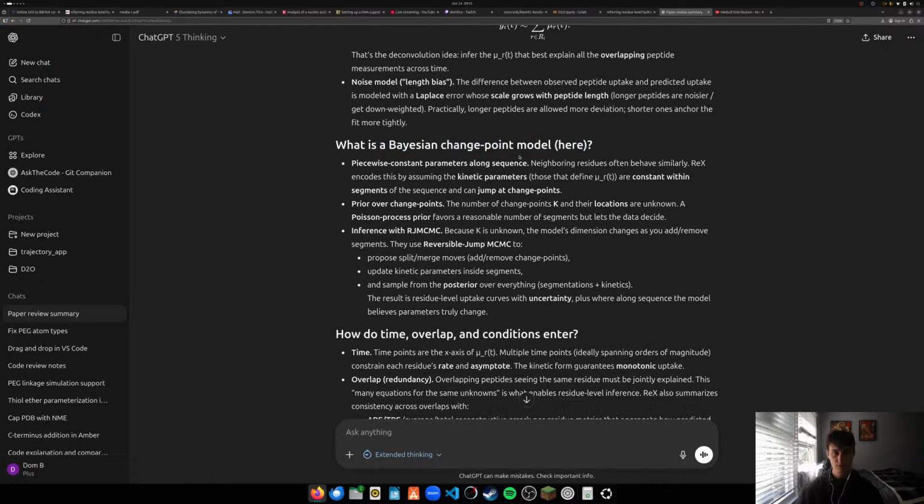What is the Bayesian change point model here? Piecewise consistent parameters. Neighboring residues often behave similarly.